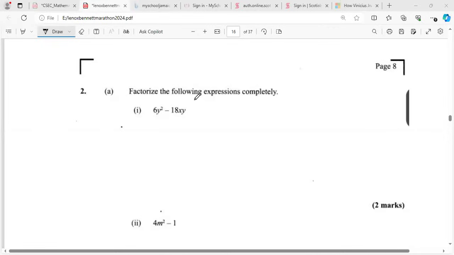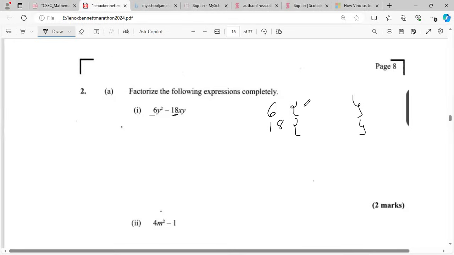The following. So both of them should be factorized. So when we're factorizing in this case, we have to look for the highest common factor of 6 and 18. So we literally can list the factors of 6, list the factors of 18, and see which is the highest common factor. Common means which is in the 6 and which is in the 18.